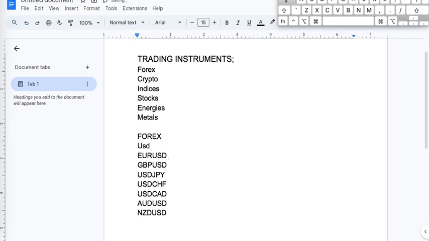Among these pairs, we have the beginner friendly pairs. Now if you've decided to join the forex world, I would advise you to opt for the beginner friendly pairs, because trust me, we have the exotic pairs and the user friendly pairs, or the majors.